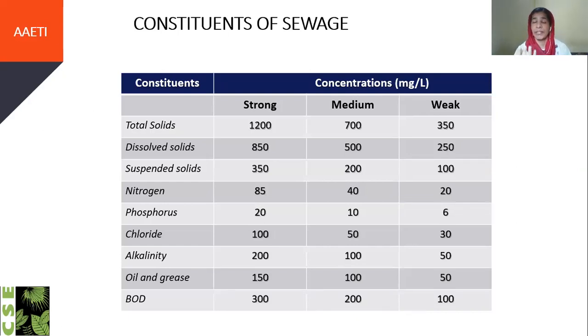For example, if we are planning to implement a decentralized or a centralized wastewater treatment system, we should have a good understanding about the constituents of the wastewater, so that accordingly we plan our system.